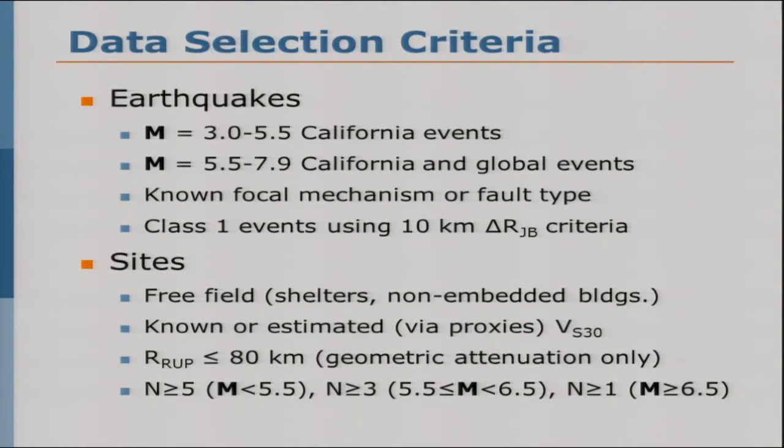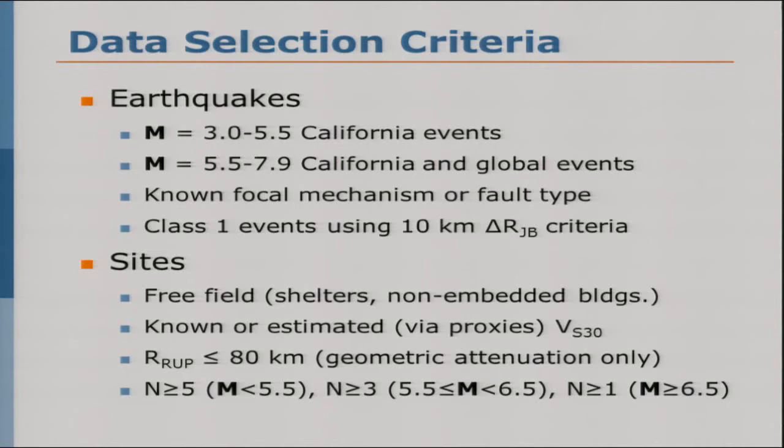We require that there be a known focal mechanism or a fault type in order for it to be included. And we included class 1 events using the CRJB 10-kilometer criteria. And then for the sites, only free field sites, but this did include not only instrument shelters, but also non-embedment buildings.